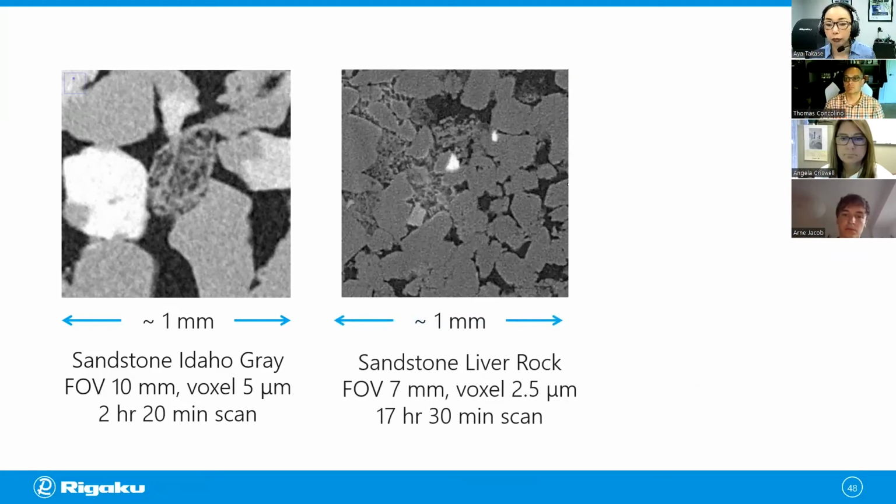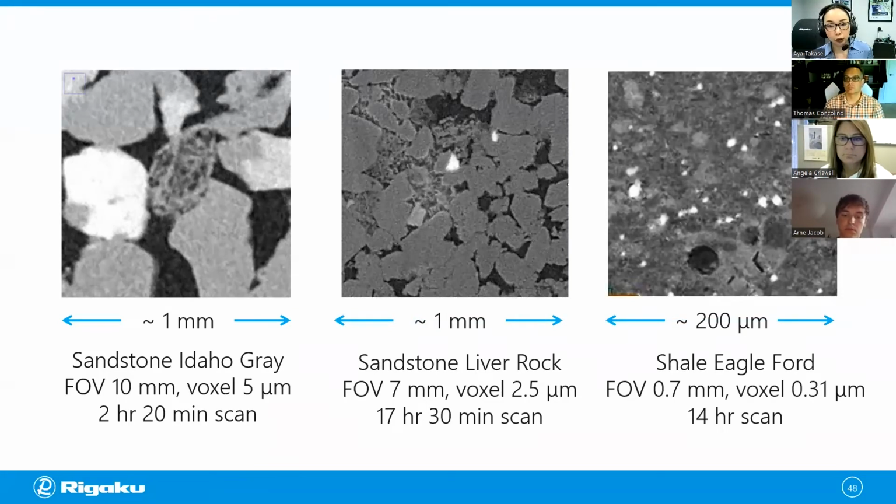using CT. This one is also a CT scan, but this is from a shale sample. And even with the 0.3 micron voxel size and 14 hours of scan, you can see different phases in some of the large pores, but you are missing small pores and throats. So this is not a good enough resolution, and you probably need FIB-SEM to analyze this type of sample.